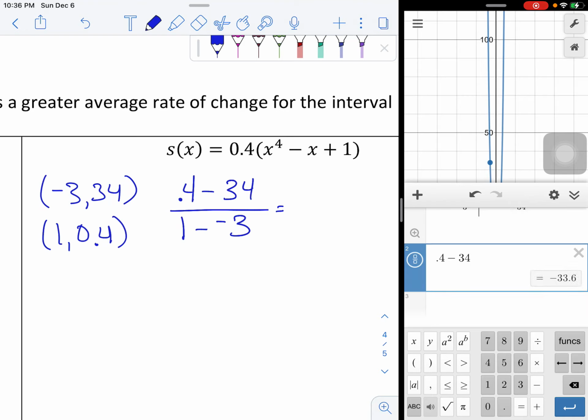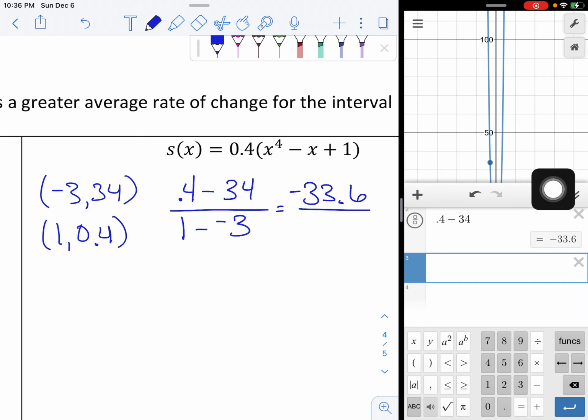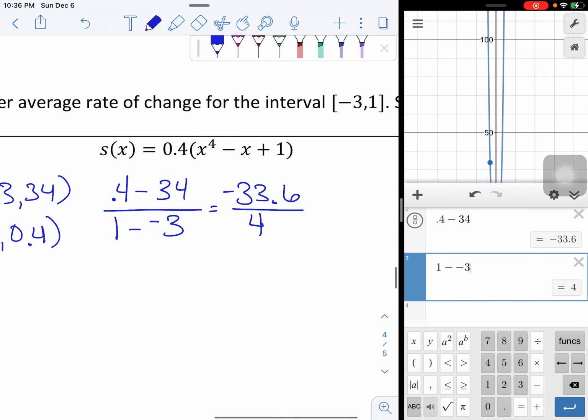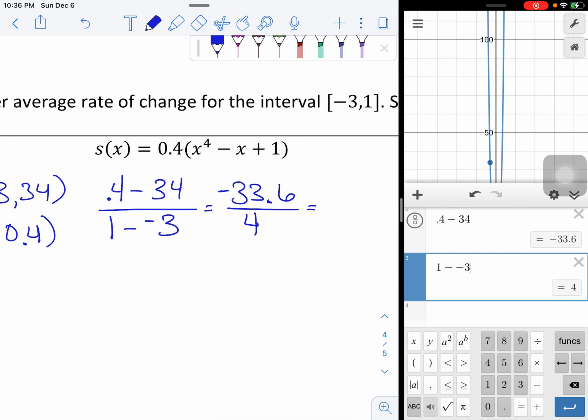So 0.4 minus 34 is going to be -33.6 over, and you could absolutely just tap into the next section here. You can keep doing this as often as you need. So 1 minus -3 is 4, in case you wanted to prove it to yourself.